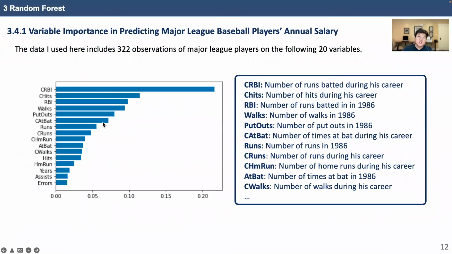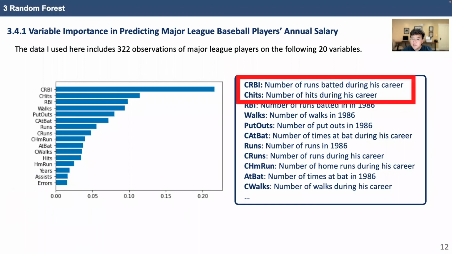So this plot shows an example of which predictors are most important in determining baseball players' annual salary. For example, if a player has more runs batted in during his career, the CRBI predictor here, he is very likely to have a higher salary than someone who only hit but did not run a lot, the CHits predictor here.